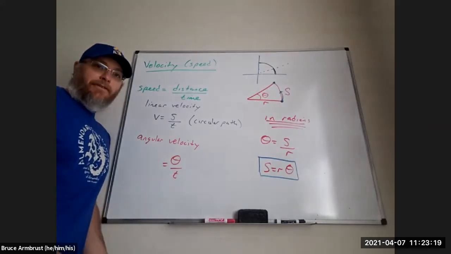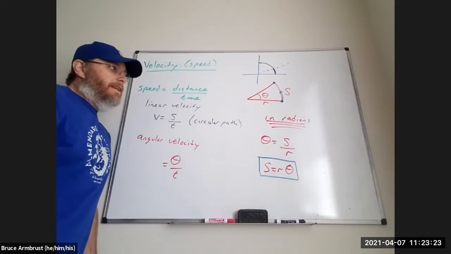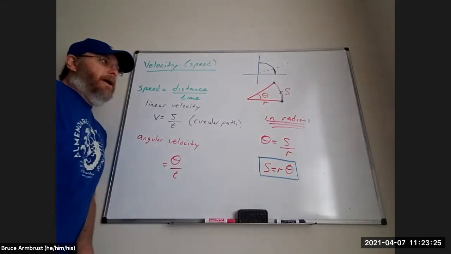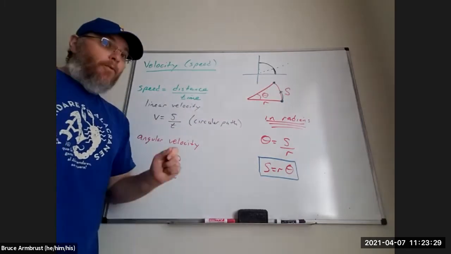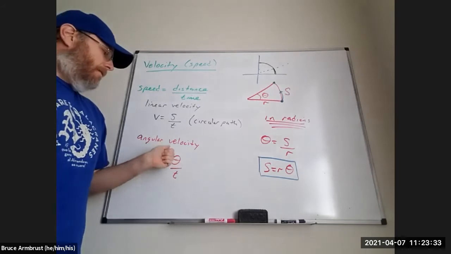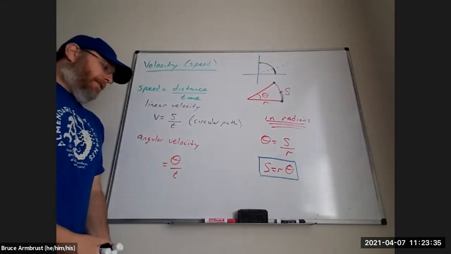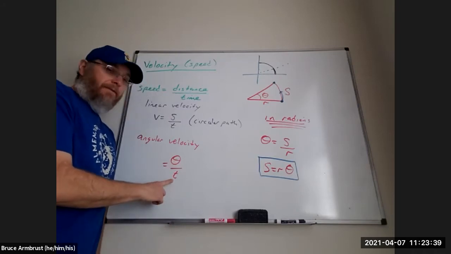So this is your angular velocity or your angular speed. If we don't necessarily care about how far we've gone, but what portion of a rotation it is, that's where we would use angular velocity. You look at how far we rotate, and we divide that by t.